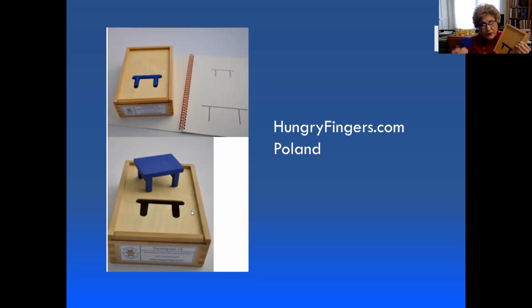Hopefully you've done the real thing with the little wooden table. And then go to the symbol that we use for that table, which is one horizontal line and two short vertical lines. This kind of information is something we have to teach kids. They do not automatically get that transfer for symbols.